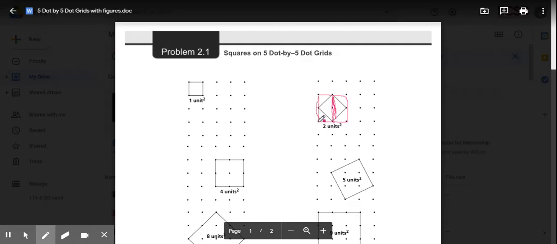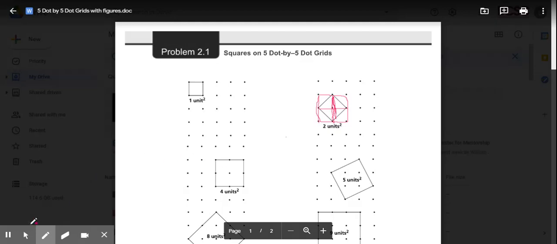It's actually a rhombus. You still have to know those types of figures to help you figure out the area of this. And so if I draw this across here, I know if I move this up here and I move this up here, that's what gets that to 2 units squared, okay? So that's the area of that figure, okay?